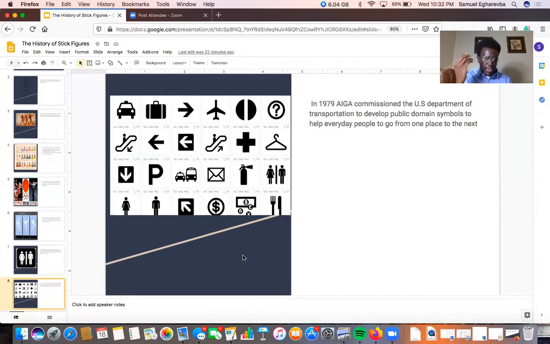We see it in airports, we see it in train stations, we see this in hotels, etc. And this just helps everyday people and tourists get from one place to the next. And basically, if you just think of your commute from your house to school or from your apartment to school or from anywhere to work, you're going to utilize these pictographs on a daily basis.